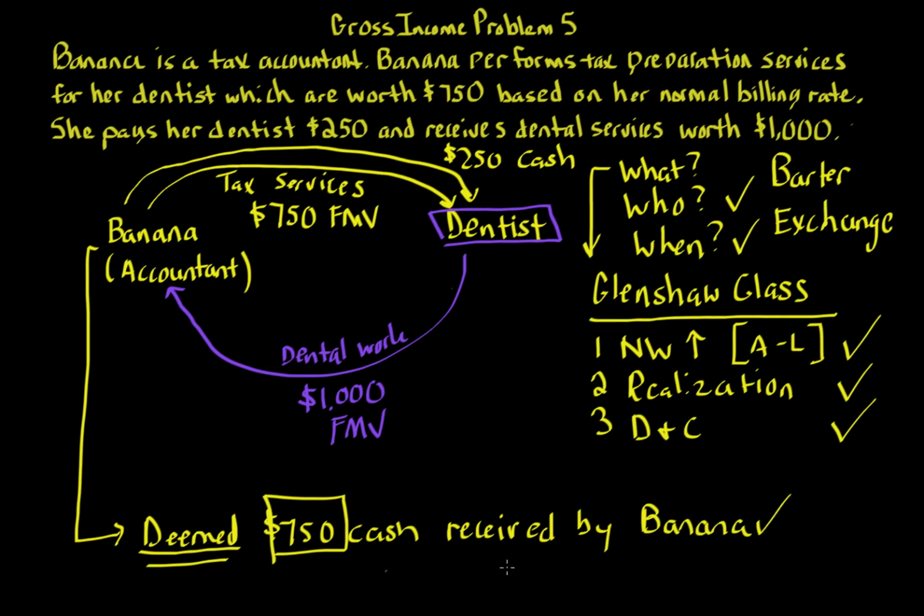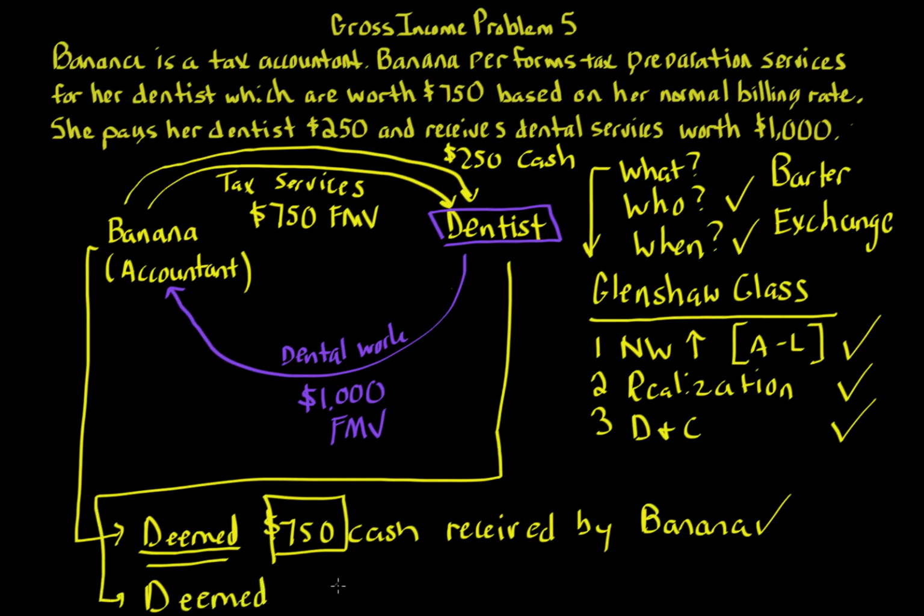What about the dentist? Well, it's a deemed amount again. This one's $1,000. If banana could not provide any services, but banana needed the dental services of $1,000, what would banana do?